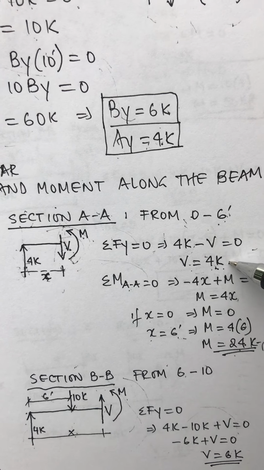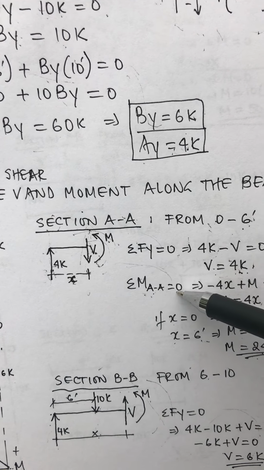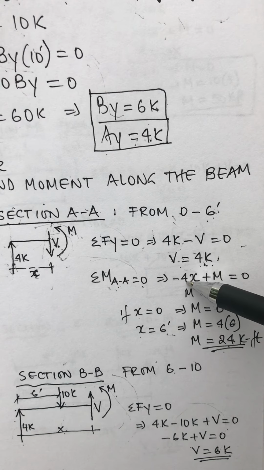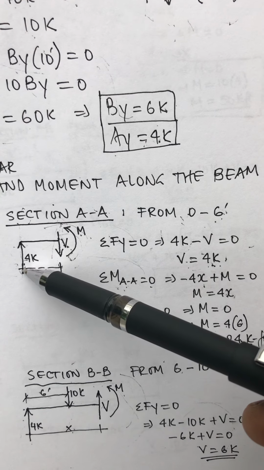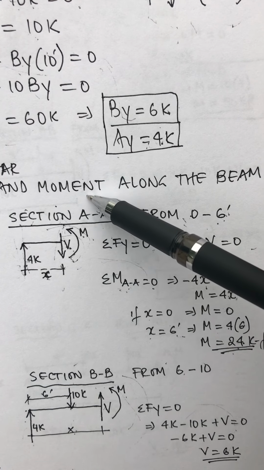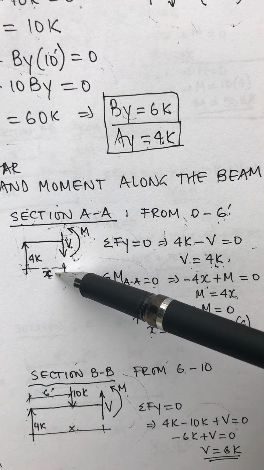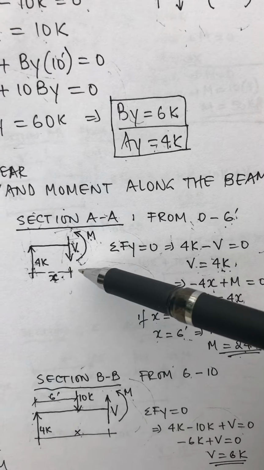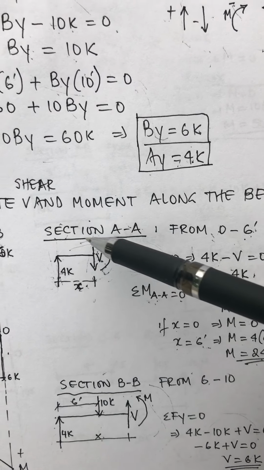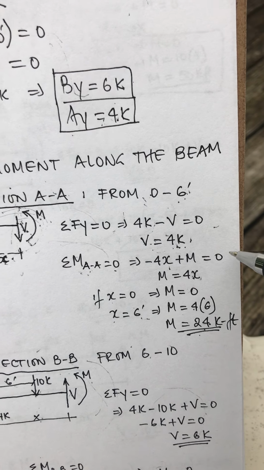Shear is 4K. Okay? And the summation of moments at my cut AA equals 0. You have minus 4 times x, because the 4 is moving clockwise around the cut. That's why I have minus. And the distance is x. Plus M. The convention says that is plus, equals 0.